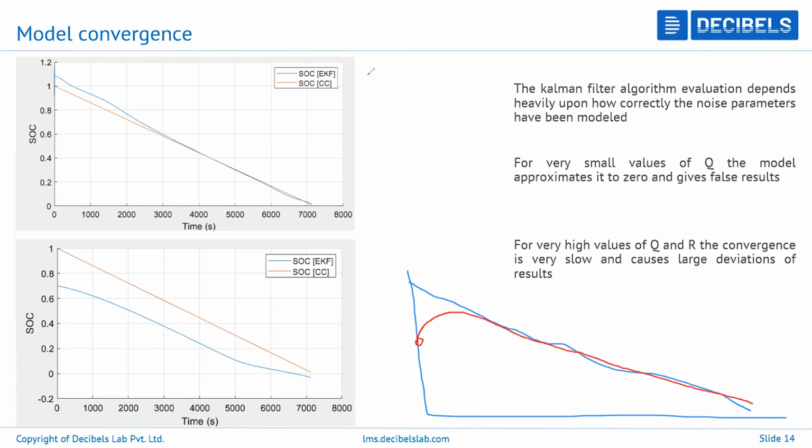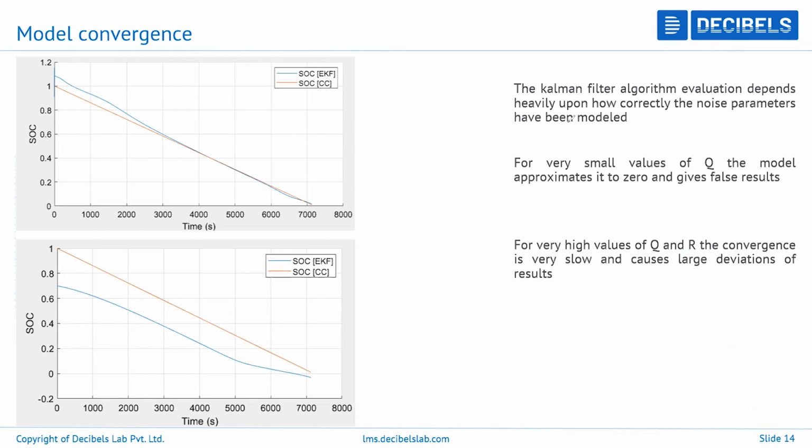This is basically the kind of model convergence, or you can say the parameter convergence, that you would prefer in any model. Okay. But as I said, it is idealistic and it is heavily dependent upon Q and R, that is your process and measurement noise. So the behavior of a Kalman filter, or any other filter for that matter, is very dependent upon how correctly the values of Q and R are chosen.